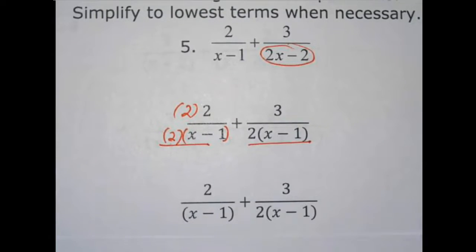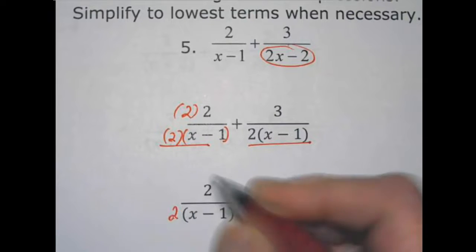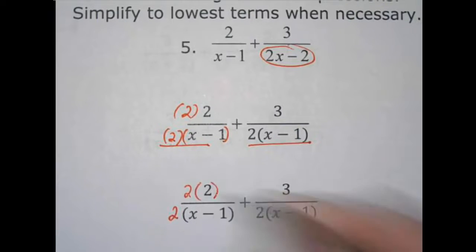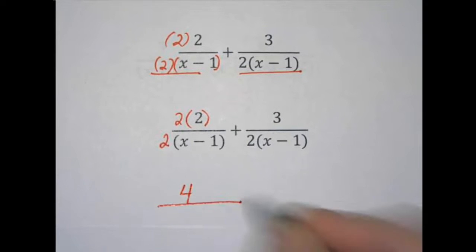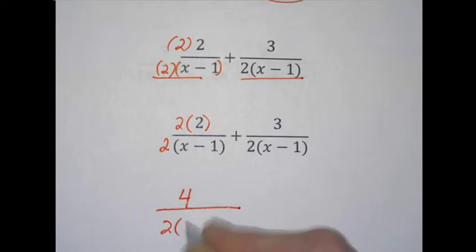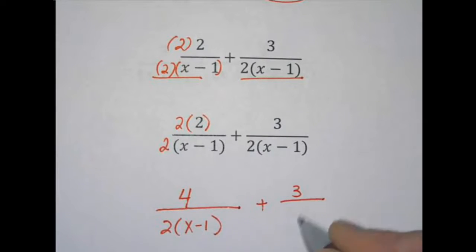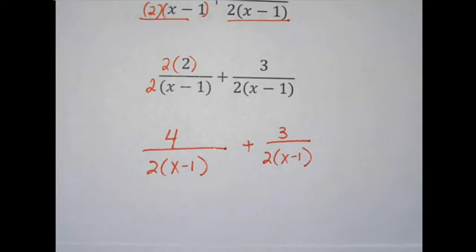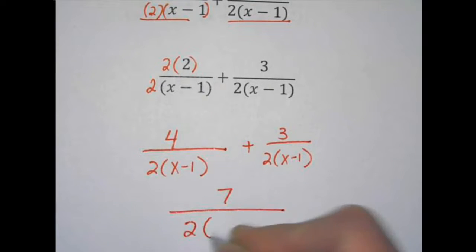And so when I multiply those both by 2, this would give me 2 times 2 is 4, plus 3 over 2x minus 1. And 4 plus 3 is equal to 7 over 2x minus 1.